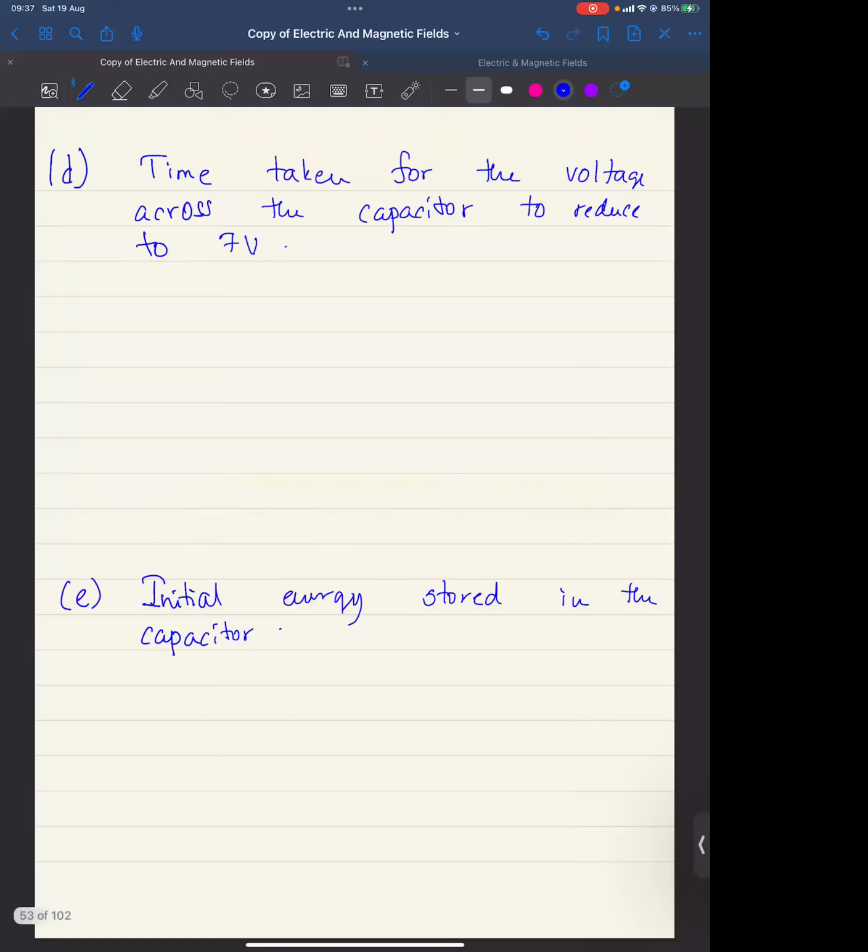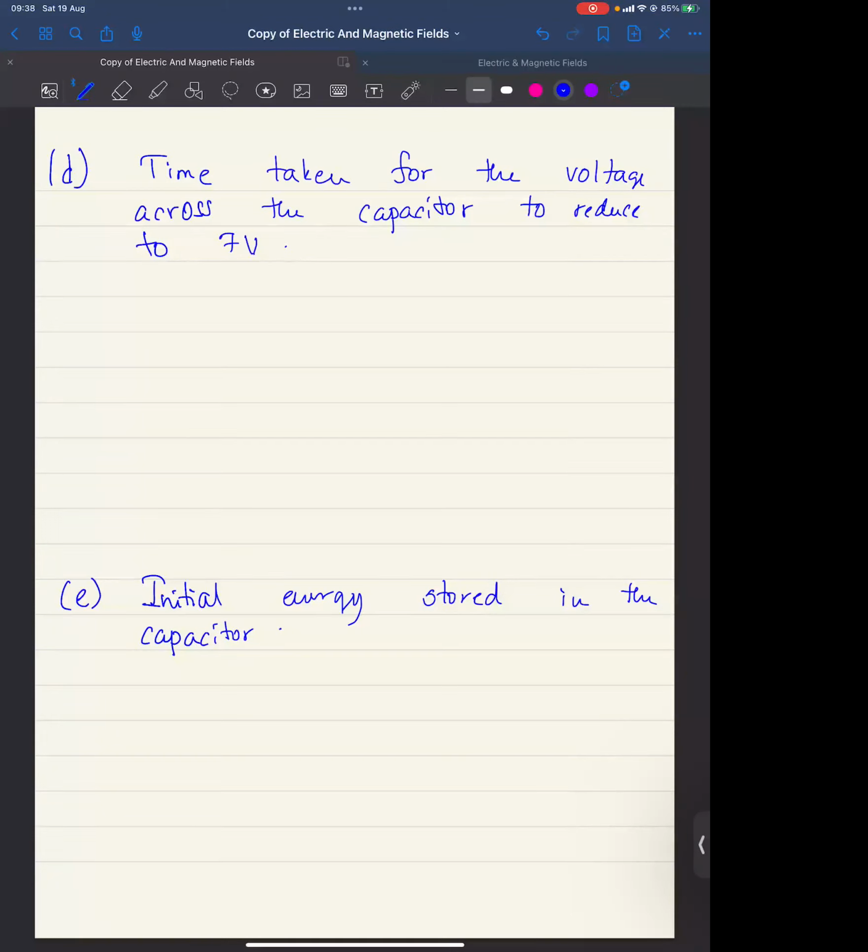Part D, time taken for the voltage across the capacitor to reduce to 7 volts.